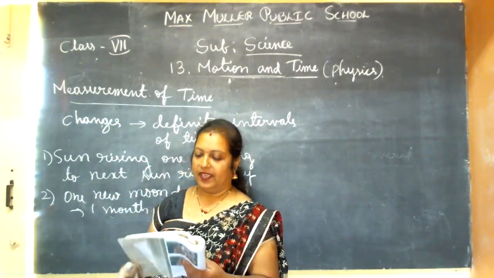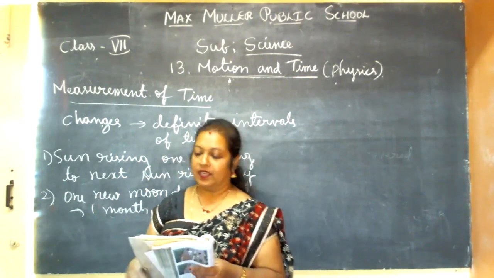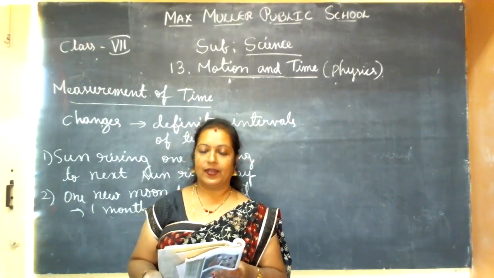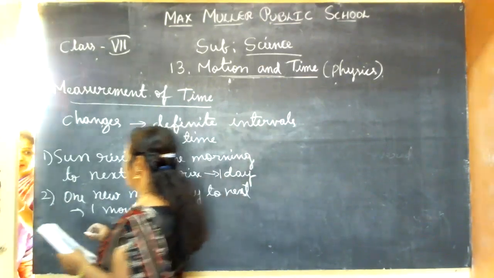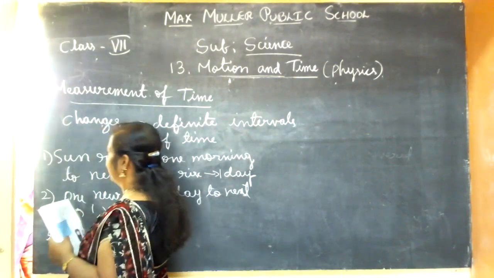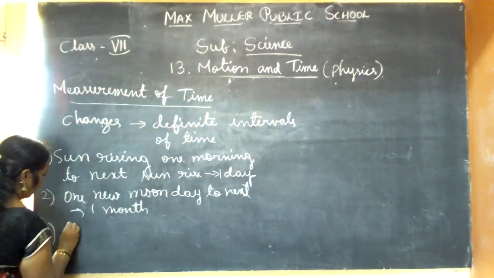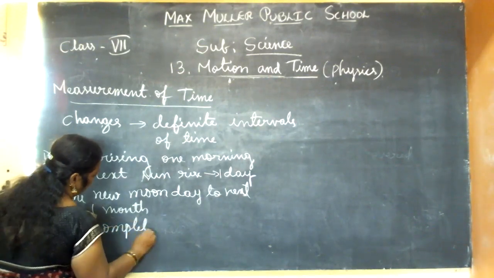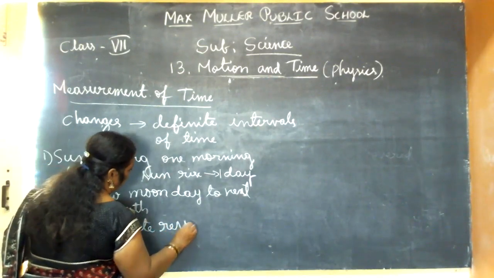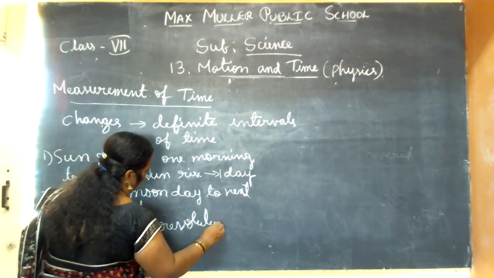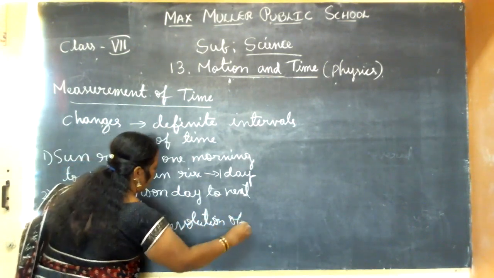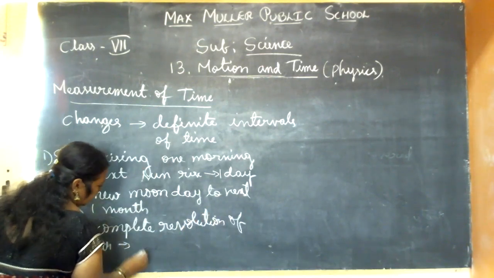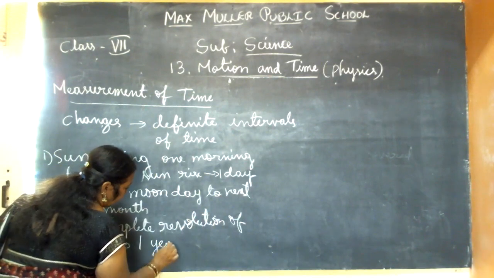Then later they came to the conclusion that a year was fixed as the time taken by Earth to complete one revolution. One complete revolution of Earth is considered as 1 year.